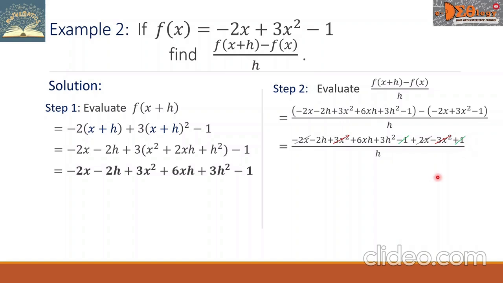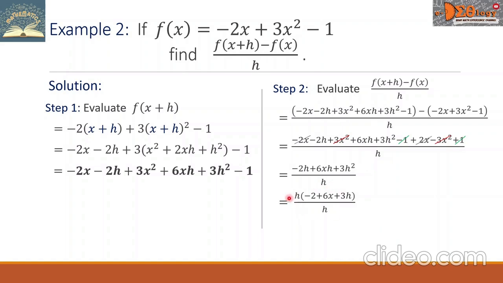Now, we collect those terms that are left. So, we have the negative 2h plus the 6xh plus 3h squared all over h. Notice that in our numerator, h is a common factor. We can factor it out as h times the quantity negative 2 plus 6x plus 3h all over h.